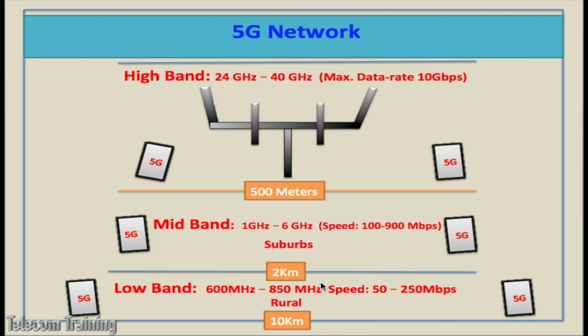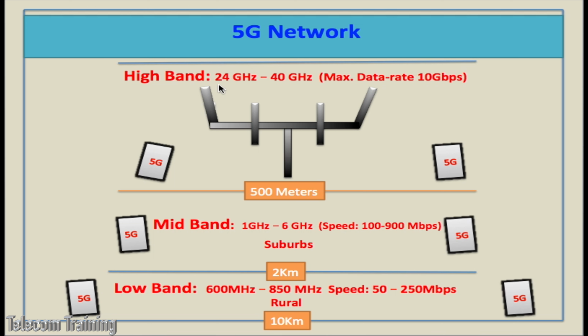So at this point we get into the low band area, which is between 600 megahertz and 850 megahertz. This is a much lower frequency, and because it's so much lower, the speeds are between 50 and 250 megabits per second. The lower the frequency, the greater distance that frequency will travel.